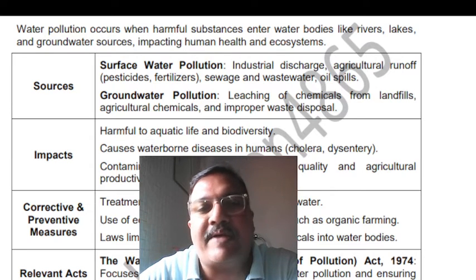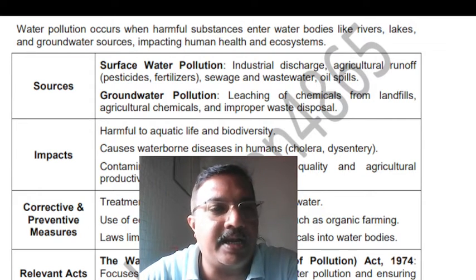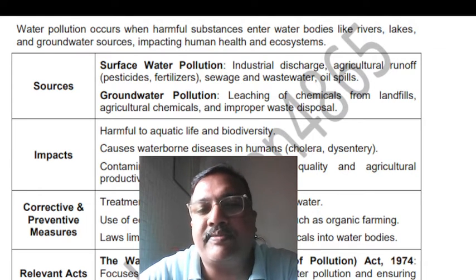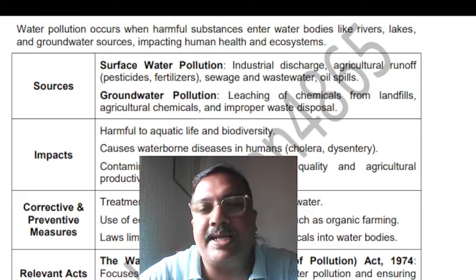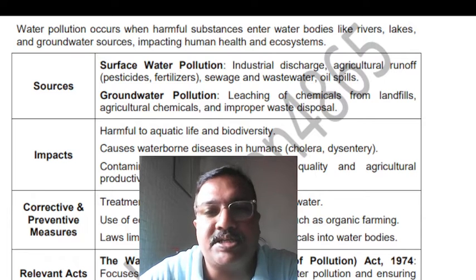Industrial discharge: the factories and industries release chemicals, dyes and other waste directly into the rivers and lakes. The agricultural fields use excess pesticides and fertilizers in farming, which get washed into rivers during the rain.